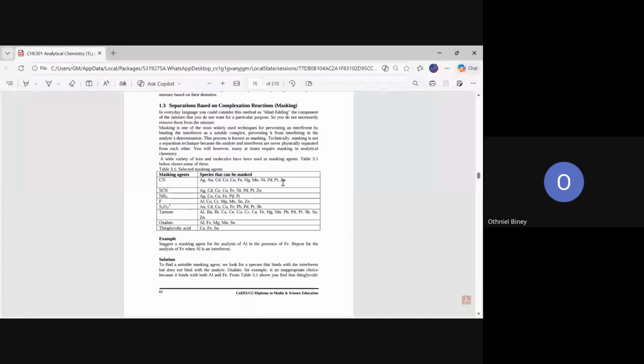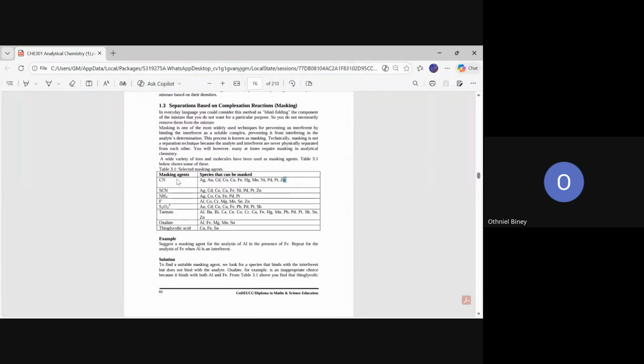Yes, sir. That's why I said, the first step, you have the CN here. If you look at the species that it can mask, you'd realize that there is iron here and zinc here. Do you get it? So in the mixture of zinc and iron, CN won't be a suitable masking agent to just mask the iron for us to obtain the zinc.